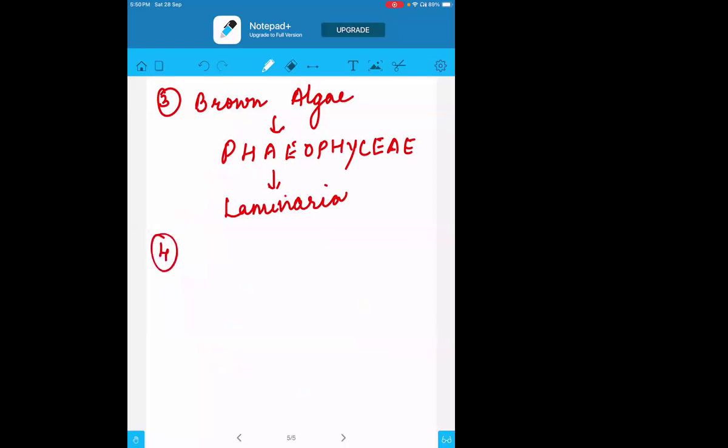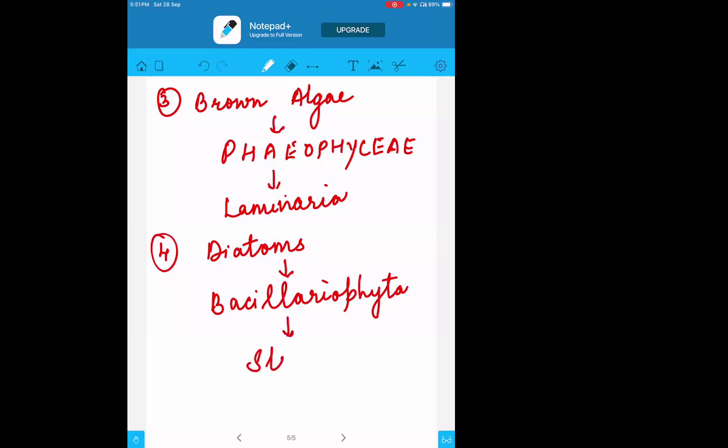Then we have the diatoms, which are called Bacillariophyta. Generally they are found in streams in the water. This is the fourth type, diatoms.